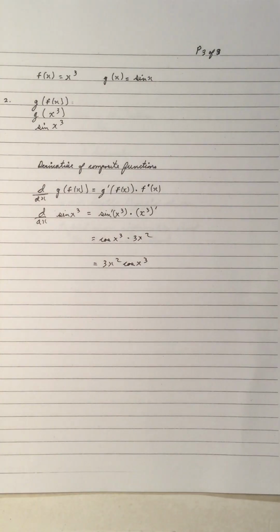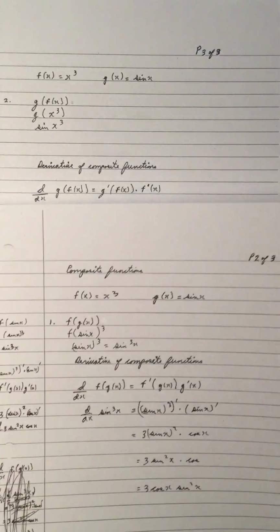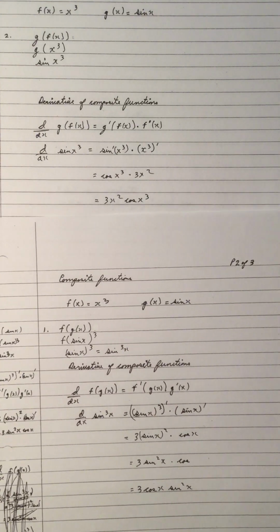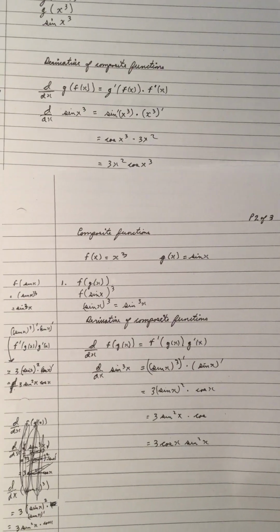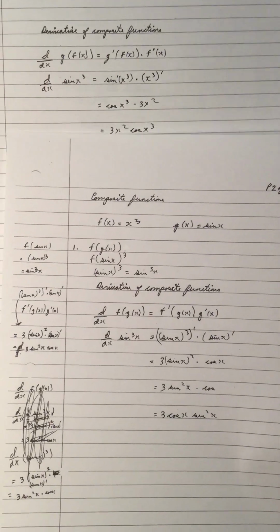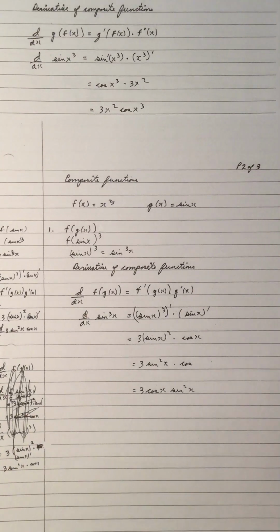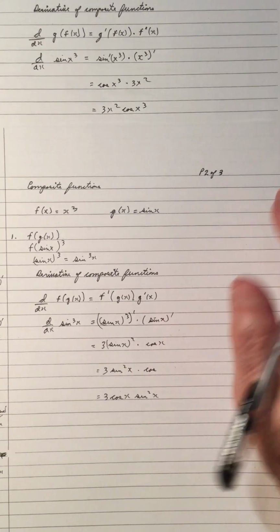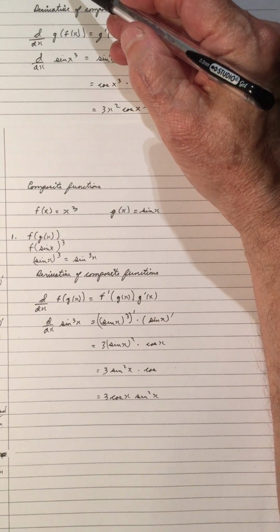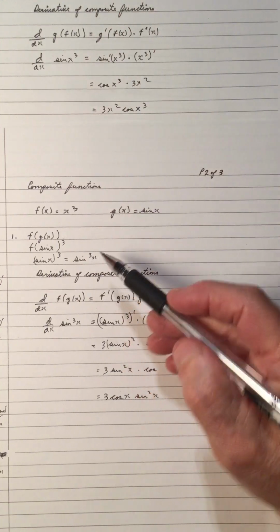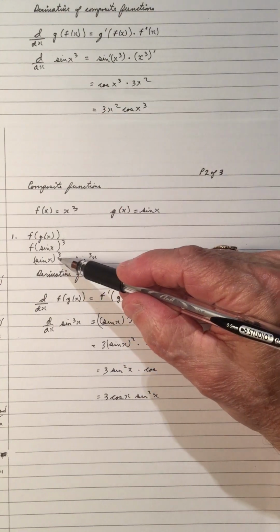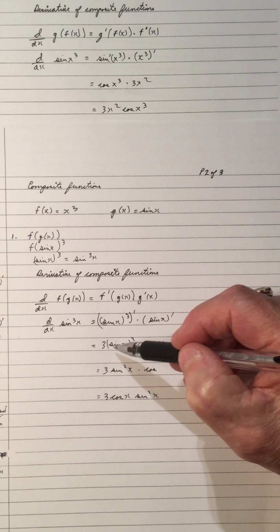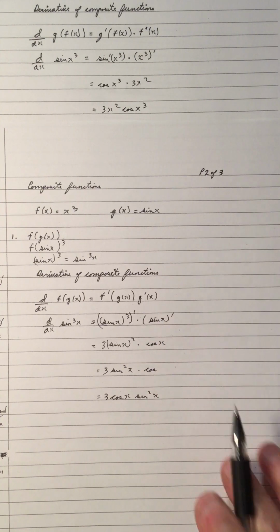Again, I want to compare the two of them. I'll line them up for you. Notice the difference. Here, the 3 is the power, so you do the derivative of the power, and sine x is the inside one, so you do the derivative of sine.